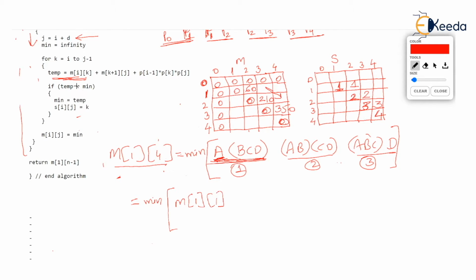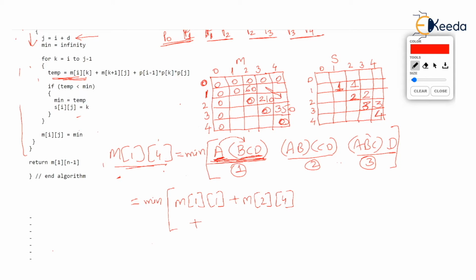When you are given only one matrix, the number of computations to multiply is 0. And what about BCD? When you are computing M14, you have already computed M24. B into C into D is the second matrix to the fourth matrix, so you have already computed M24, plus the number of multiplications that you will finally do while multiplying A with BCD.